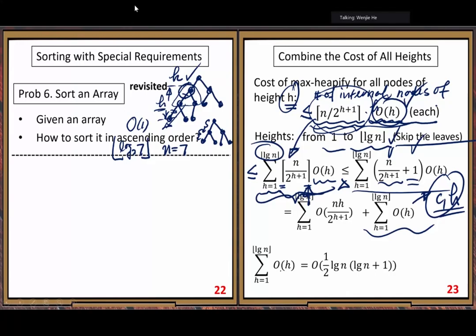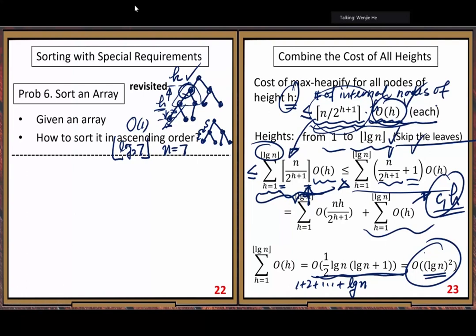Inside are consecutive integers, 1 plus 2 plus up to log base 2 of n. So we have our summation formula. You can see this is big O of log n squared. The second summation is this small. Very easy to estimate.